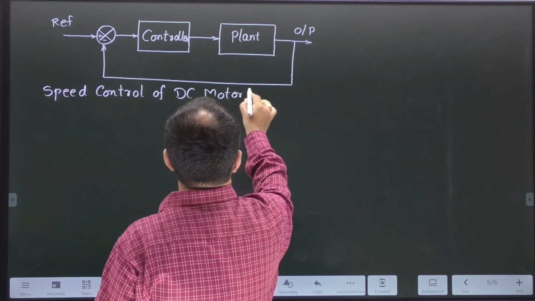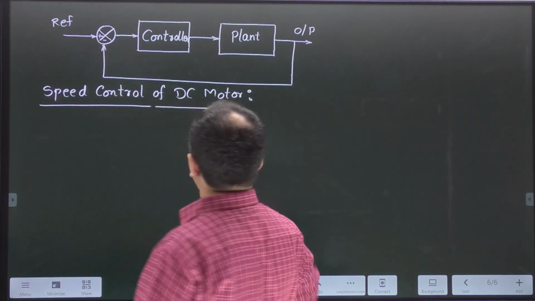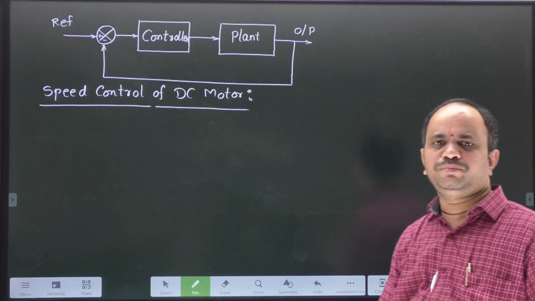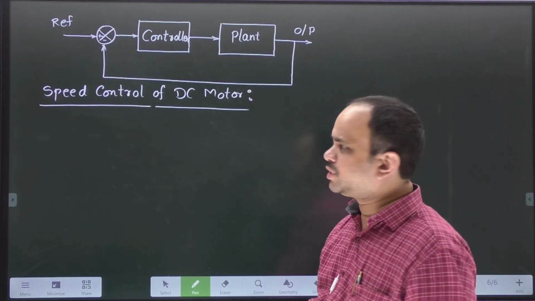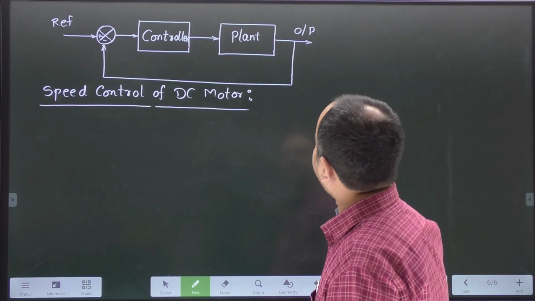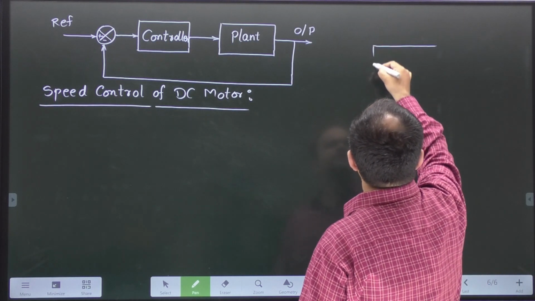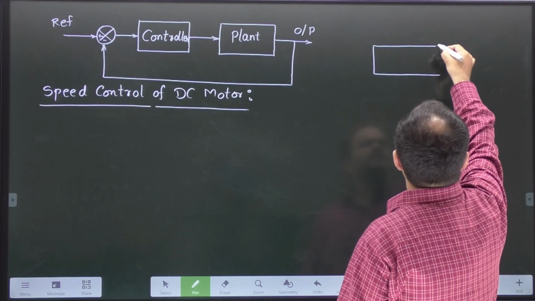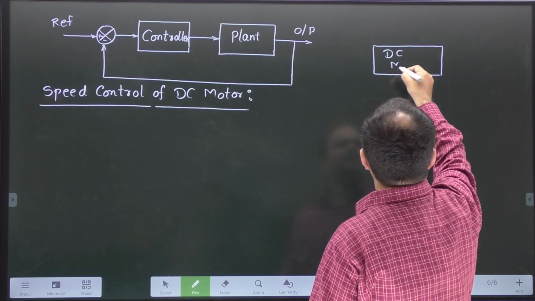In this case, what could be the plant of this system? That is basically a DC motor. Therefore, in the speed control application, what is required for us? There is a DC motor here. This is the plant, right?